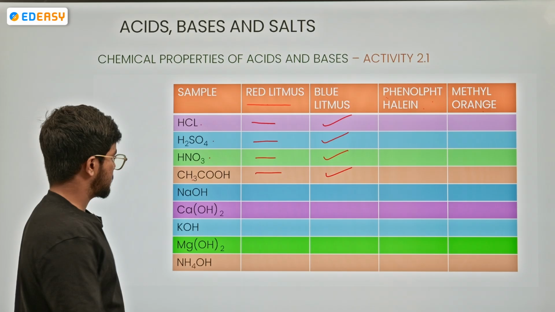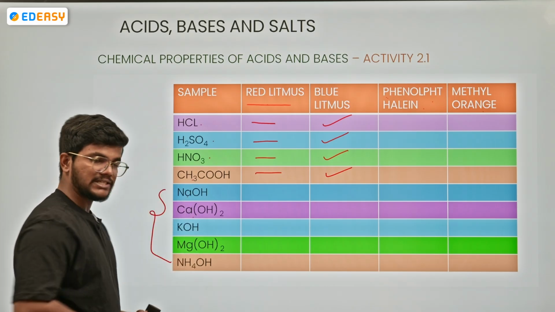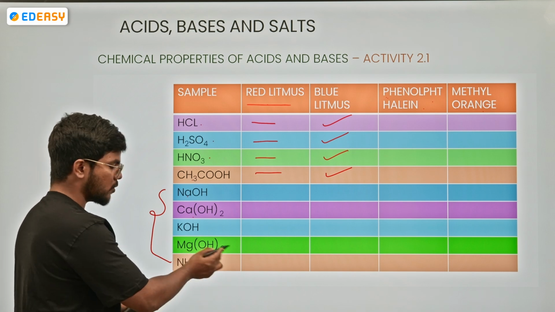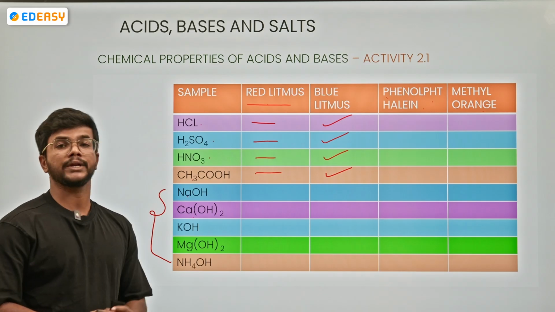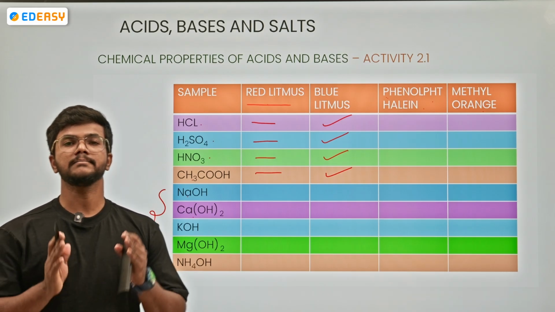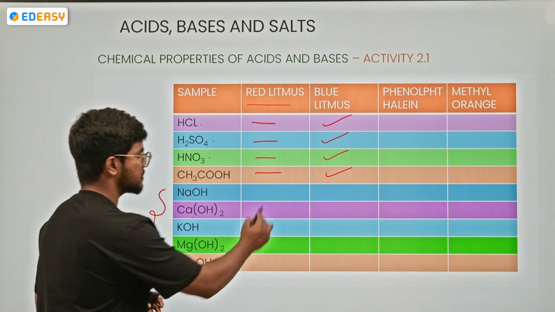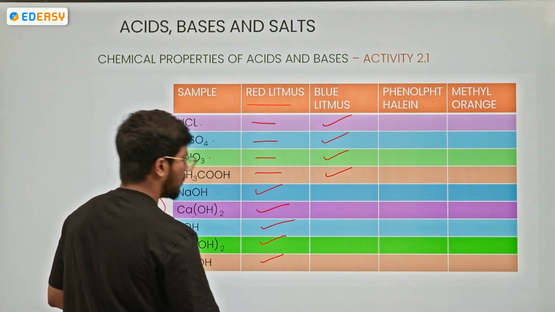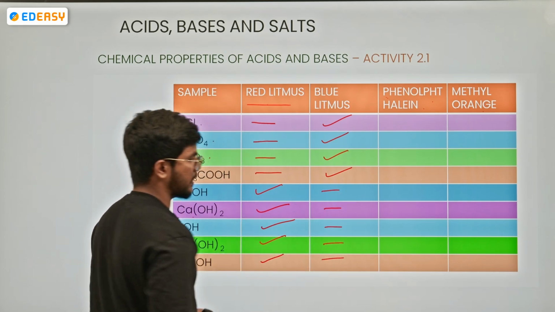Okay. Next, these solutions like NaOH, calcium hydroxide, KOH, potassium hydroxide, Mg(OH)2, magnesium hydroxide, NH4OH, ammonium hydroxide. These are some bases, which change the color of the red litmus to blue, whereas blue litmus doesn't change any color.